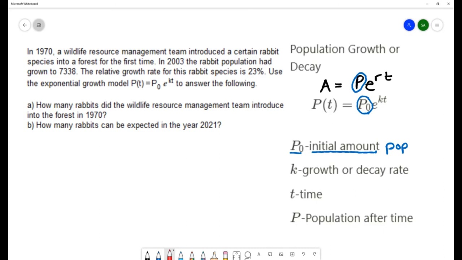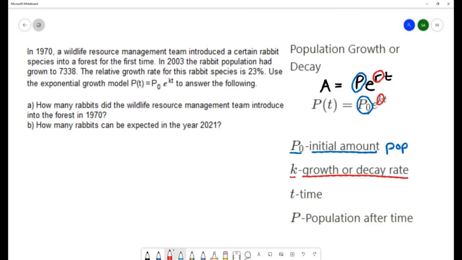The next variable we look at is the R. In the continuous compound interest model, this R stood for the interest rate, the annual interest rate. And in our model, we use the letter K instead of R, and this K is representing the growth or decay rate. So they're both rates.